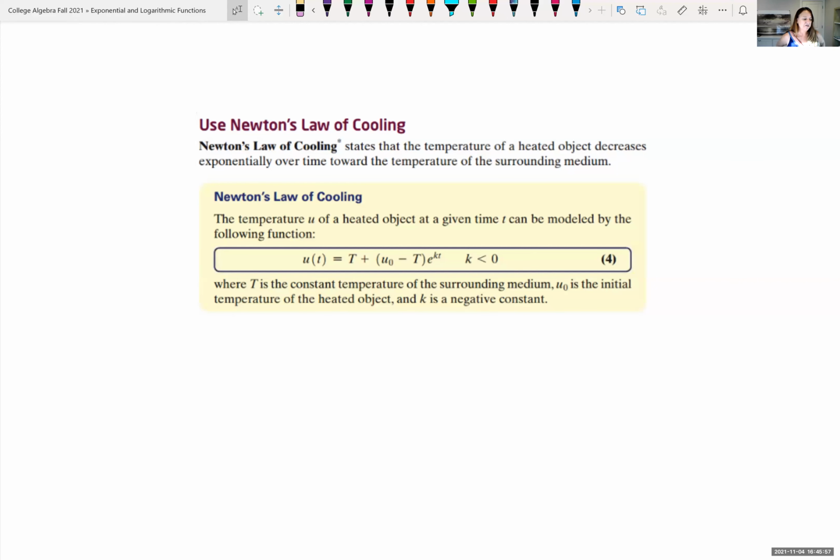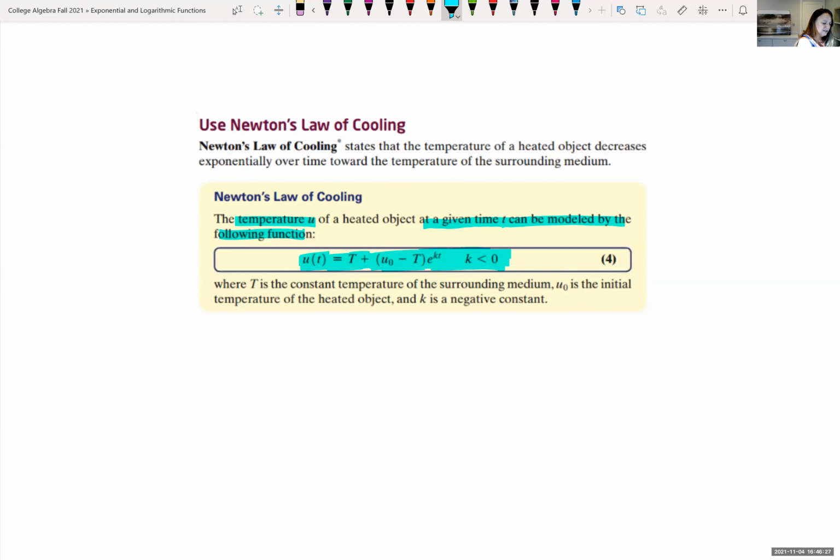And we have Newton's law of cooling. Newton's law of cooling says the temperature U of a heated object at a given time t can be modeled by the following function. So our temperature, which is U of t, is equal to capital T plus parentheses U sub 0 minus T in parentheses times e raised to the kt, where k is less than 0.